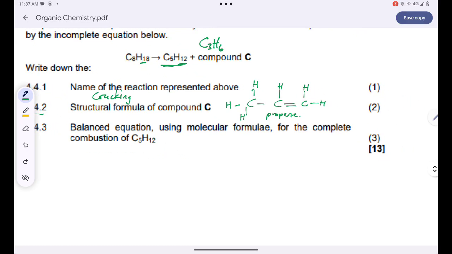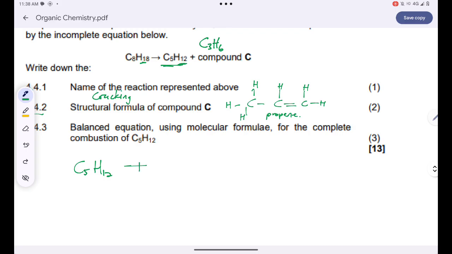4.4.2. And then the last question, we are being asked to write down the balanced equation using molecular formula for the complete combustion of pentane. Complete combustion, let me write properly, C5H12.